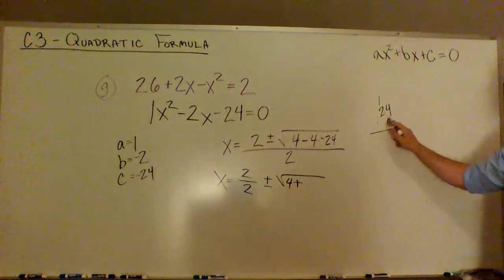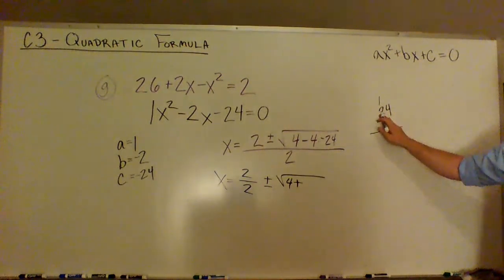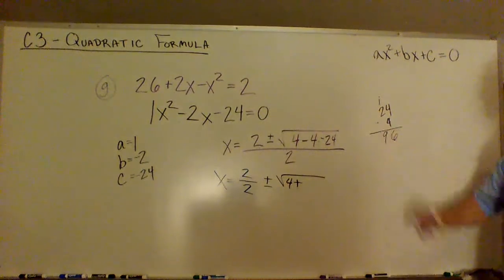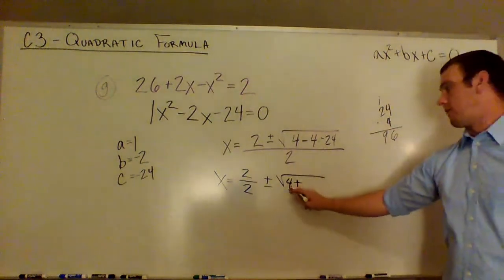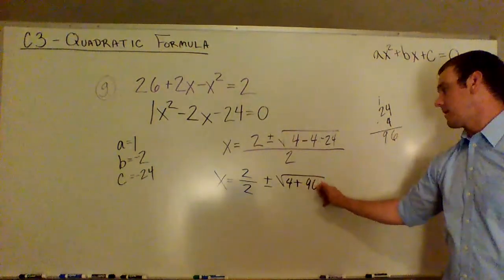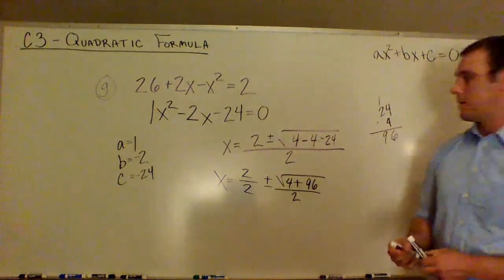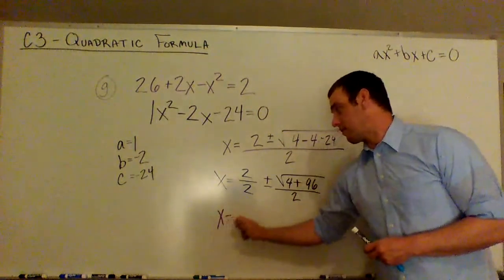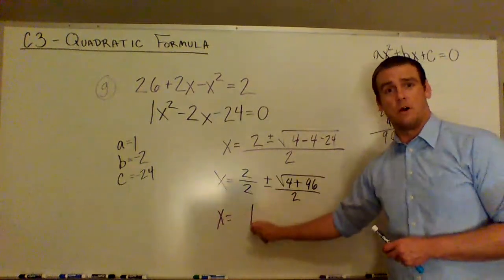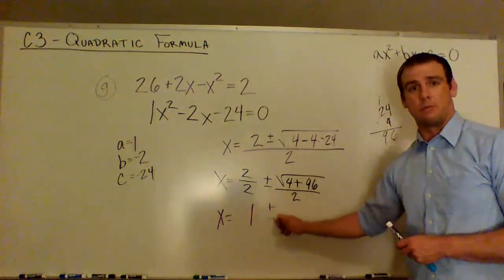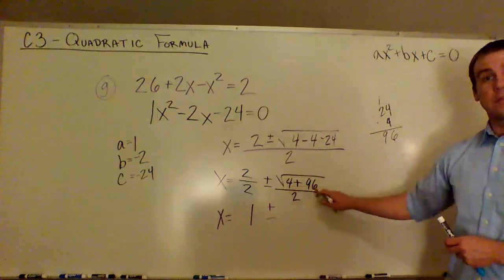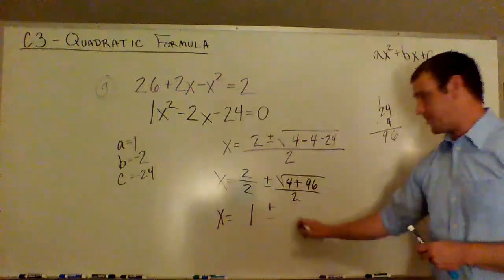Carry the 1. 4 times 2 is 8, plus 1 is 9. So we get 4 plus 96 all over 2. Now we have x equals 2 divided by 2 is just going to be a simple 1, plus or minus the square root of 4 plus 96, which makes 100.